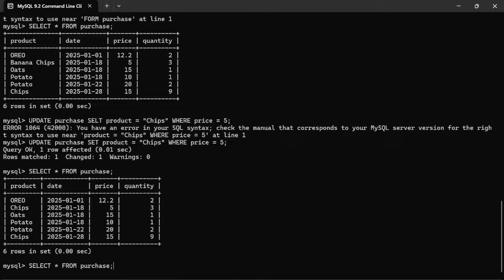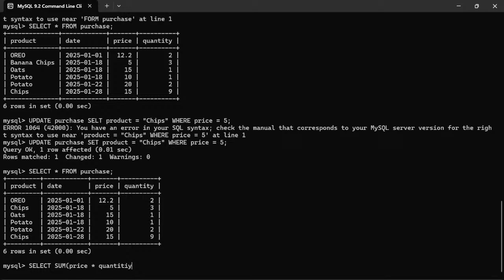Definitely I have to multiply price and quantity. So the select query will be there. Select, let's say I have to sum this, and I have to multiply price and quantity.